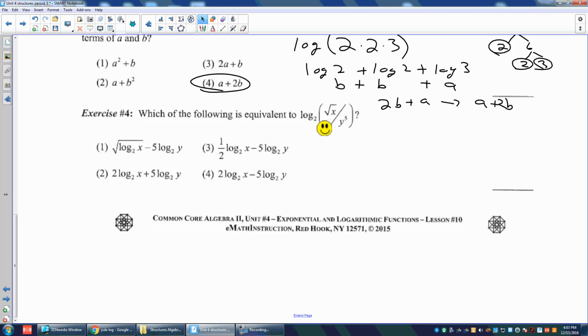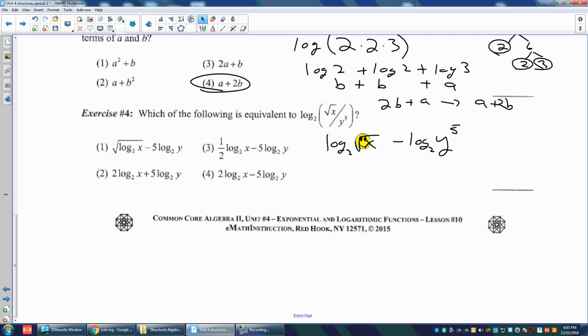So what I'm going to do is take log base 2 of x minus log base 2 of y to the fifth. That's not any of our choices. Notice I did not put the square root around the word log. Can't do that. I know this one's going to be out.